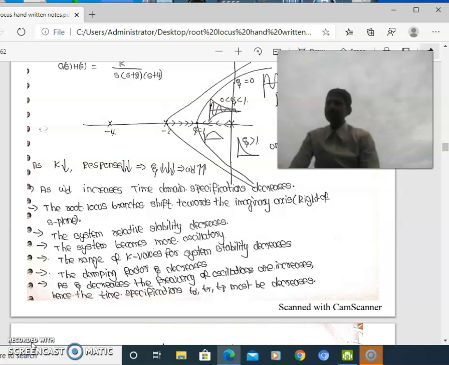The response decreases, the delay value decreases as omega d increases. The root locus branches shift towards the imaginary axis.